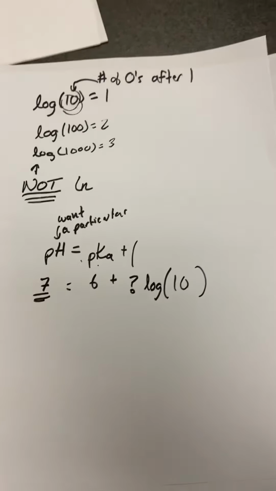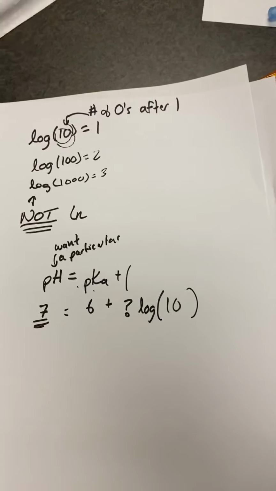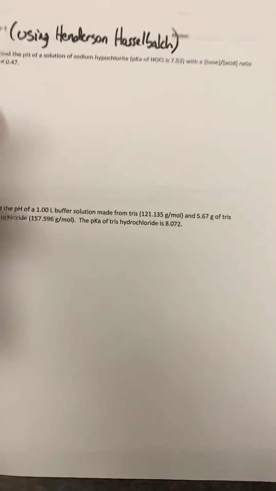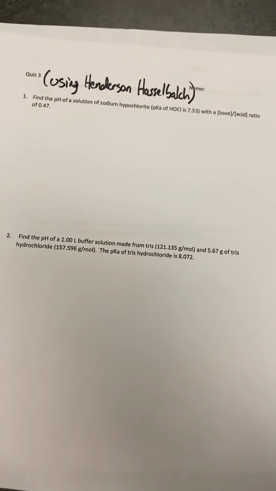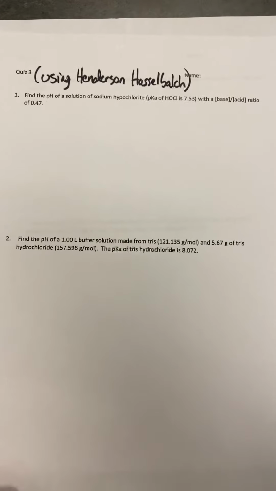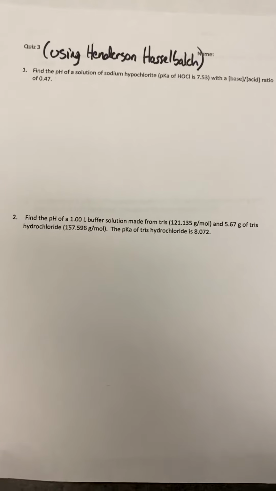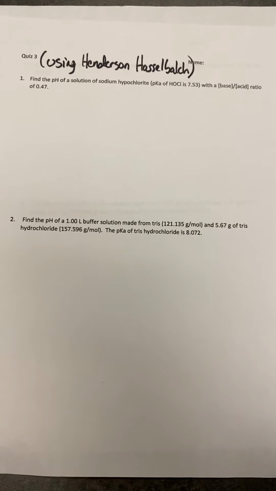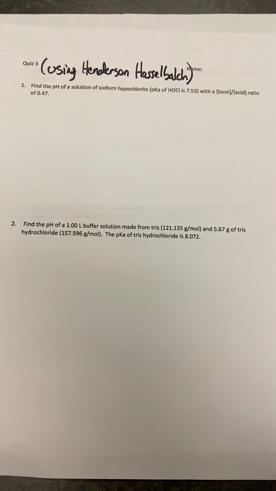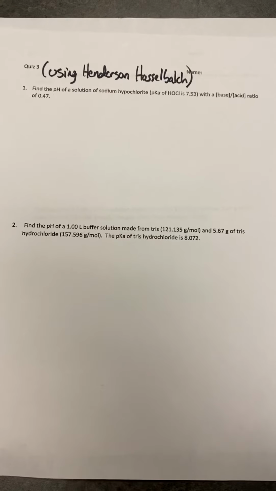All right. So in class, we had this quiz, where we used the Henderson-Hasselbalch equation and attempted to figure out a problem. It says find the pH of a solution of sodium hypochlorite. It gives you the pKa and tells you it's got a base to acid ratio of 0.47.